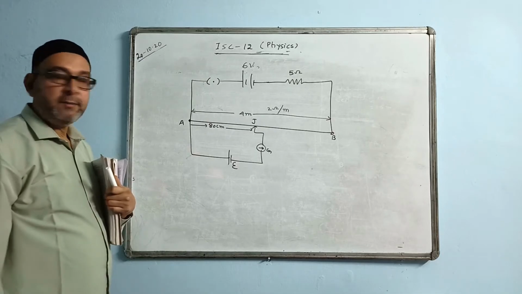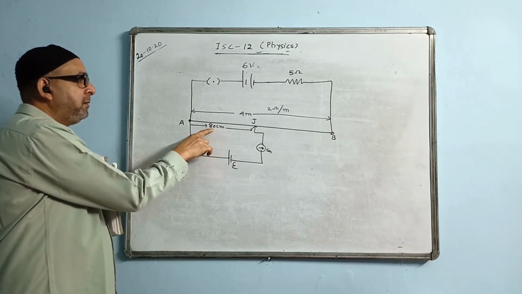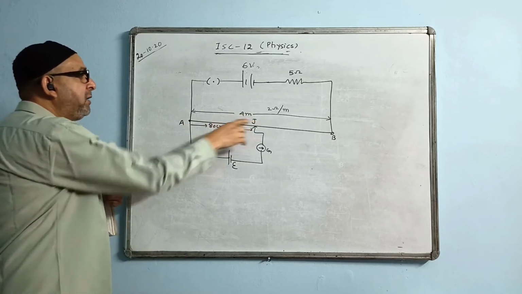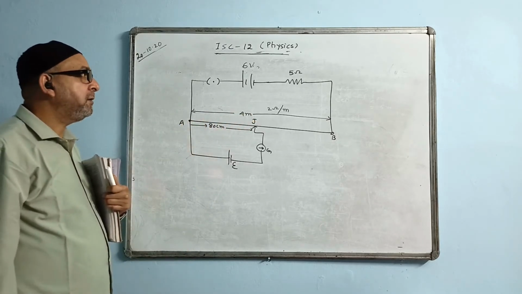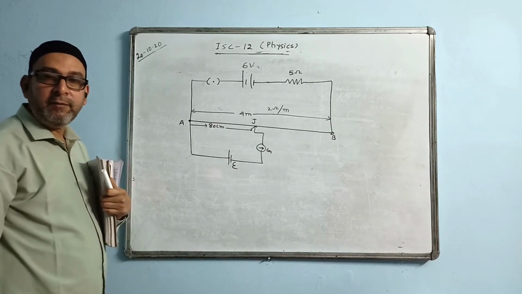The balancing length is obtained at AJ equal to 80 centimeter. Find the value of EMF E.